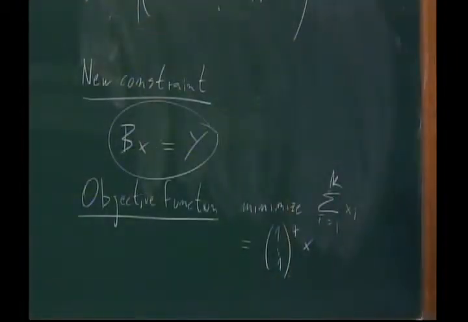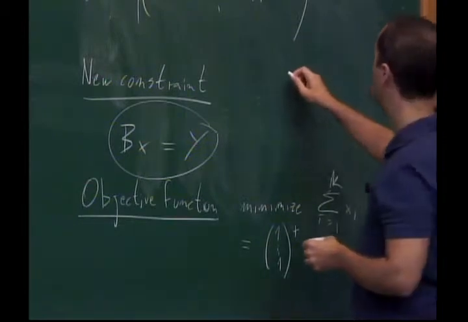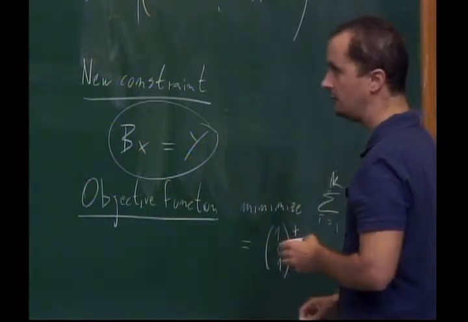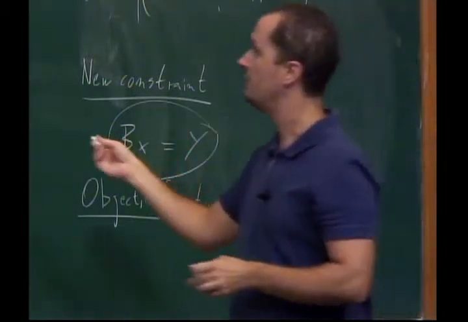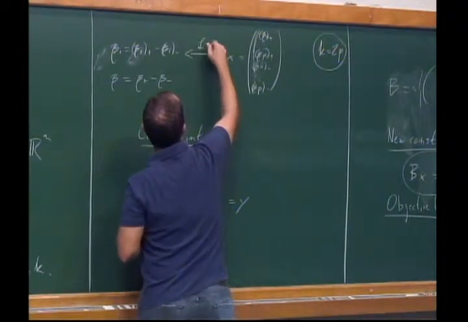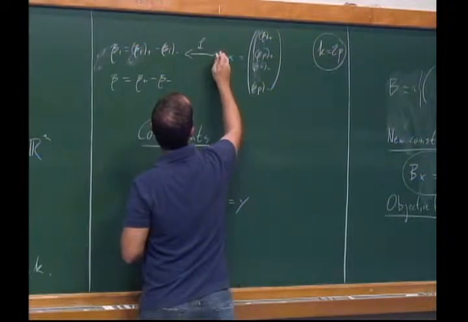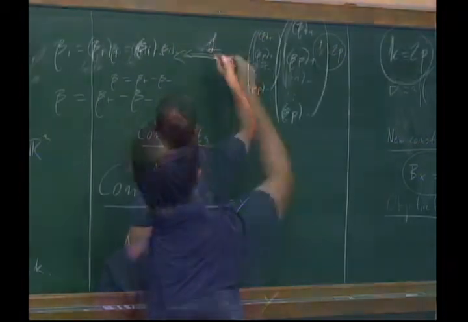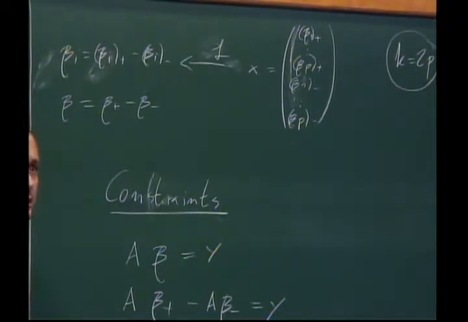However, let's look, you have this problem here. So essentially what I'm saying is that let's say I have a linear map going this way, which takes x to beta.